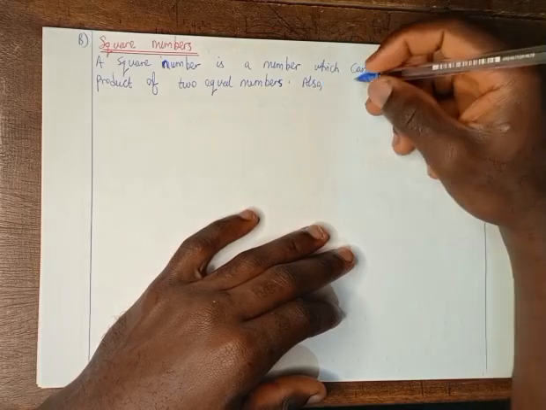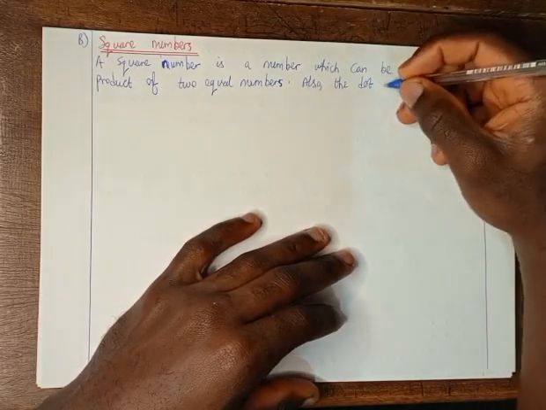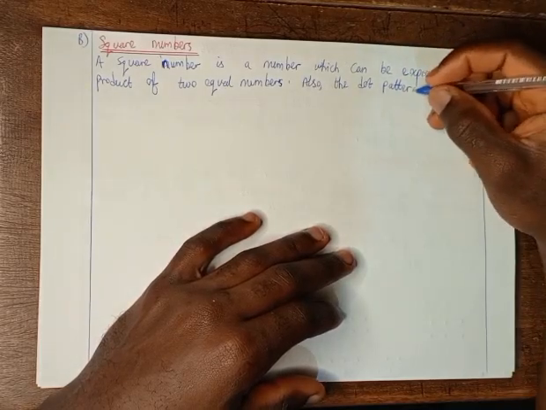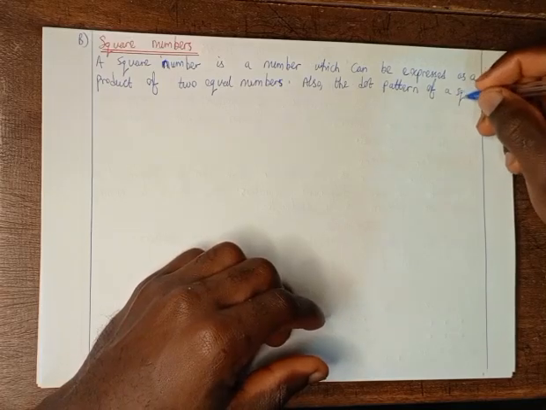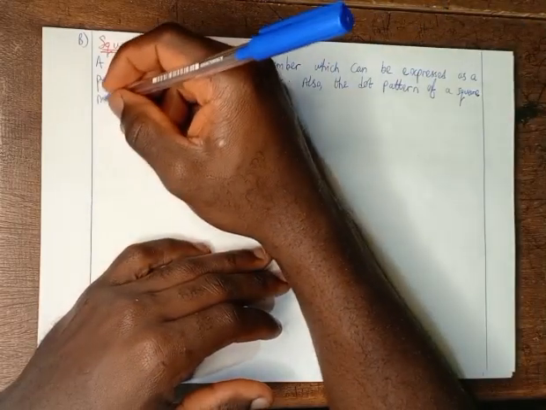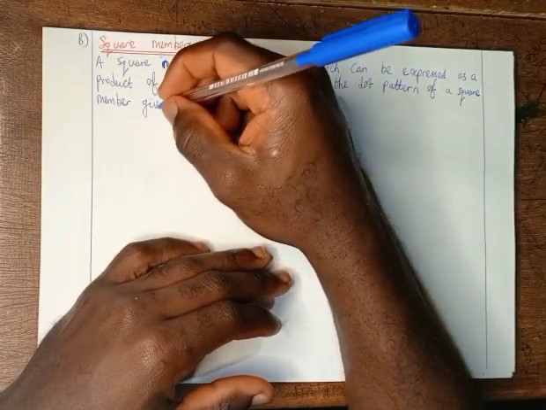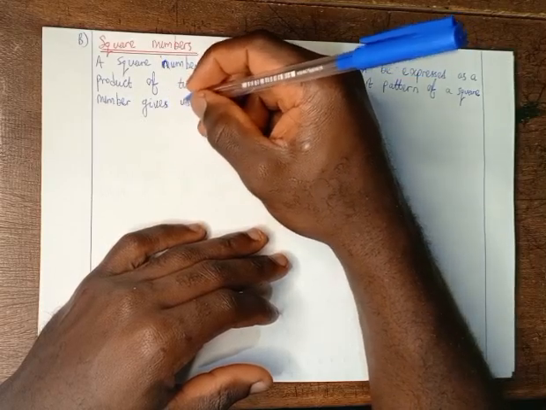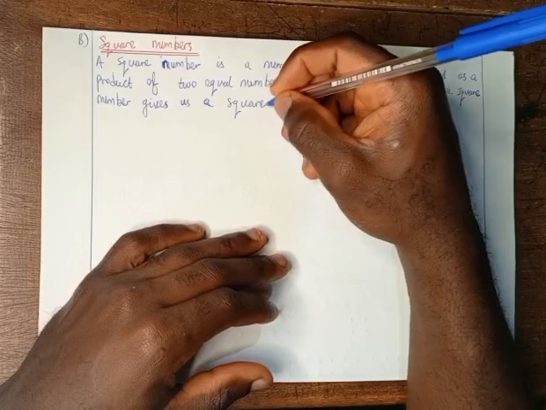Also, the dot pattern of a square number gives us a square.